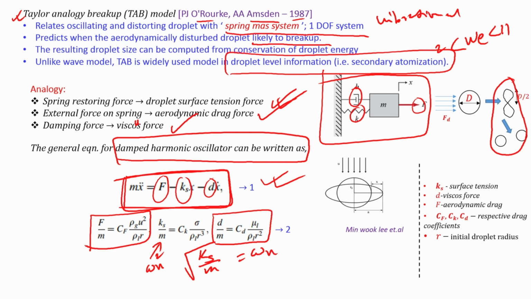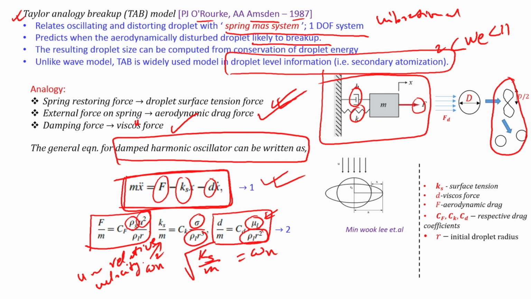As you see, we have carefully chosen our units over here. This is sigma divided by rho l r cubed. This is mu l, because it is viscosity dependent, divided by rho l r squared, and the forcing of course involves rho g, because it is aerodynamic forcing, and u squared, where u is the relative velocity. mu l is the fluid viscosity.